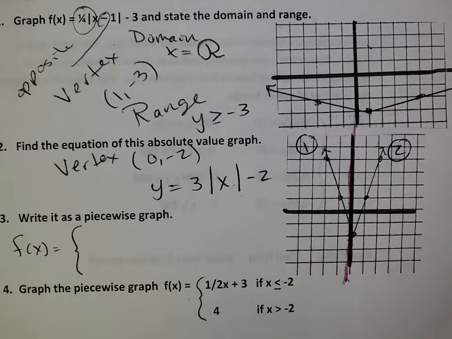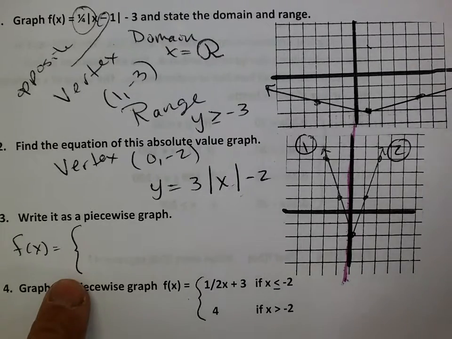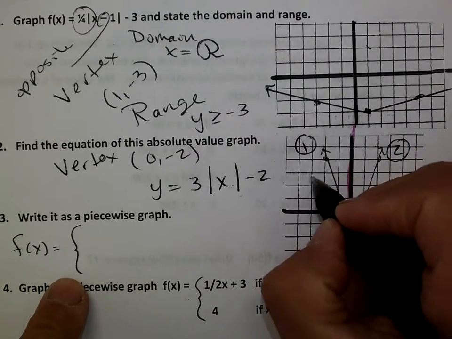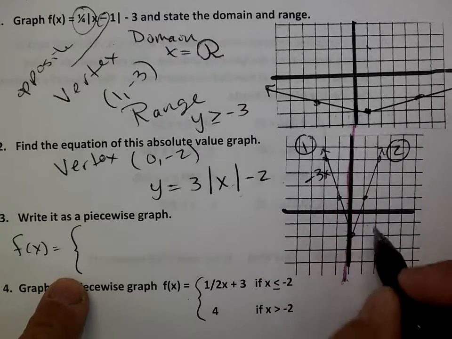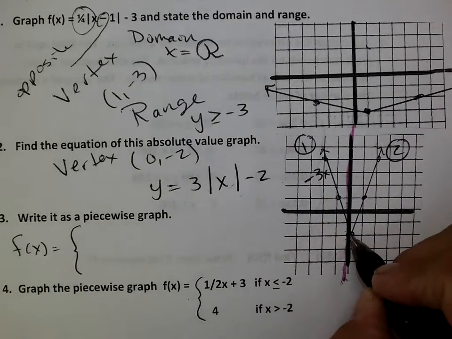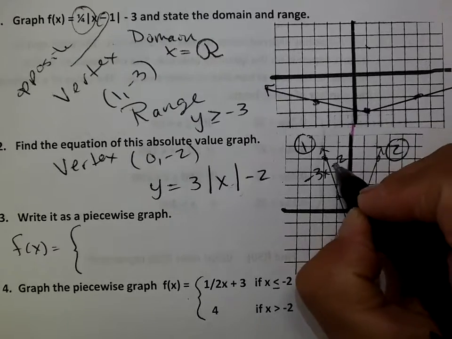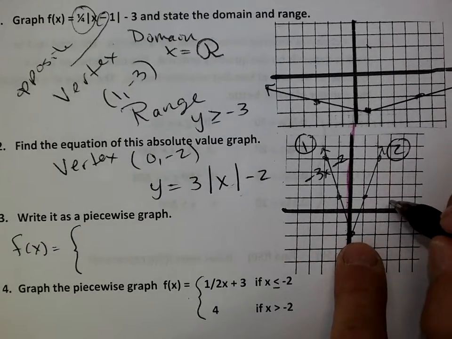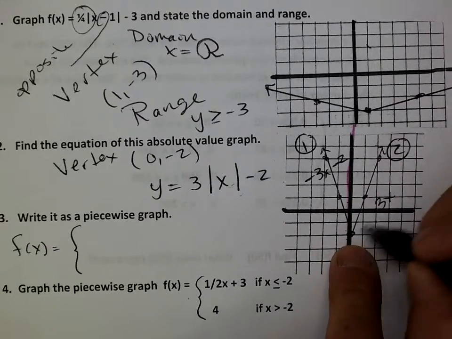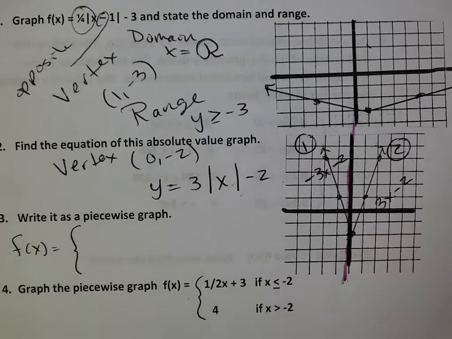So I'm going to say this. The first equation, equation 1, is y equals negative 3x minus 2, right? The second equation is positive 3x minus 2. So those are my two equations.